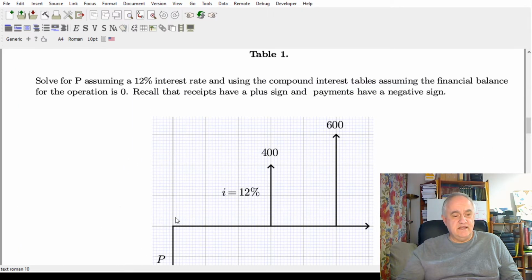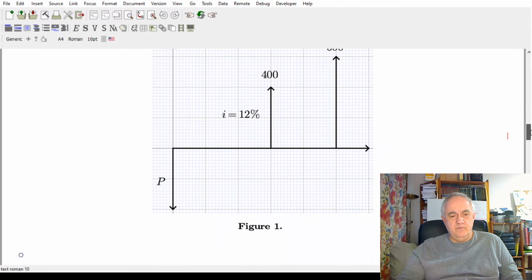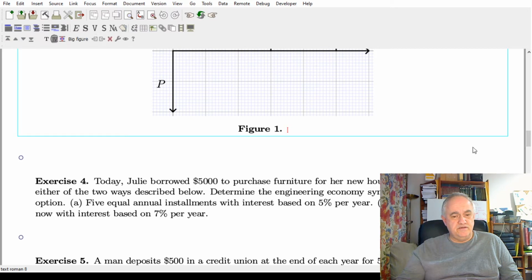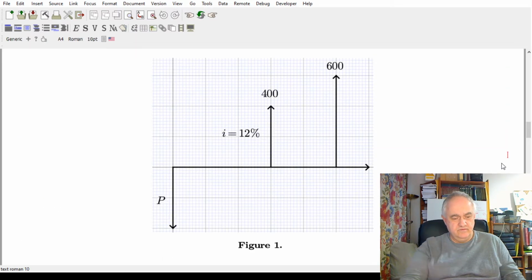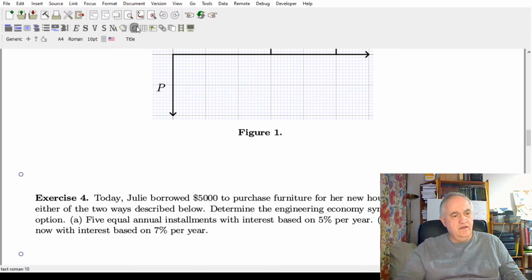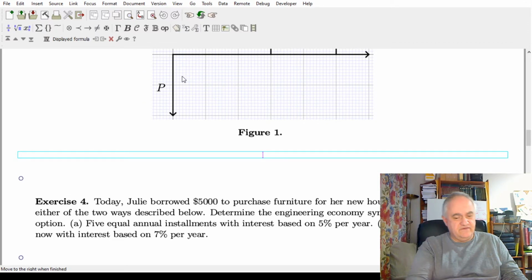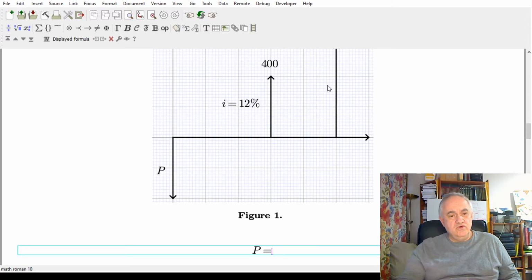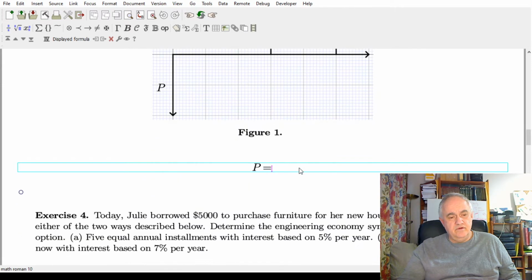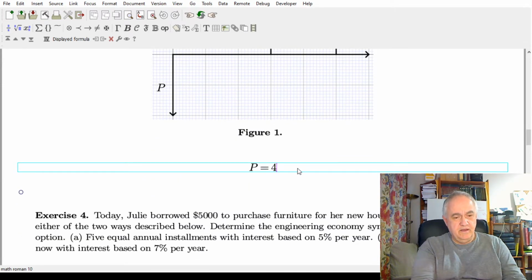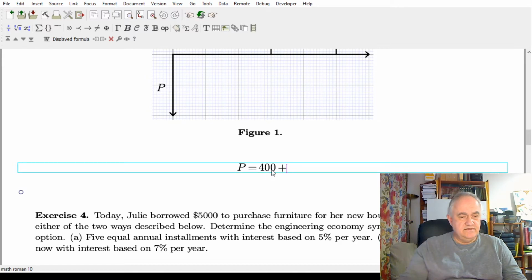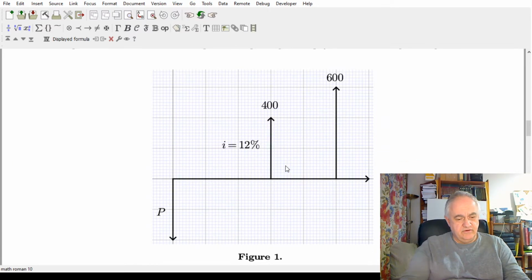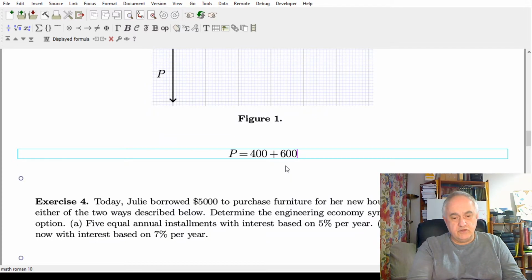On one side, we have P, and as far as it is present, we can directly use it. So the left side or downside of the arrow graphics is P, and P has to be equal to the upside of it. This will be 400 on one hand plus 600, but this is not valid.